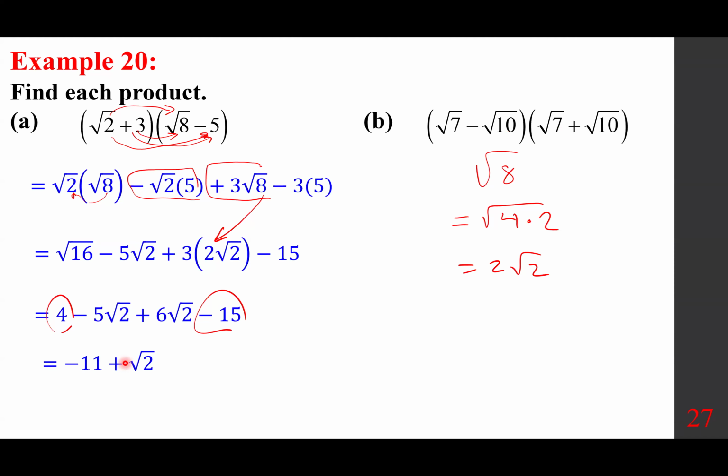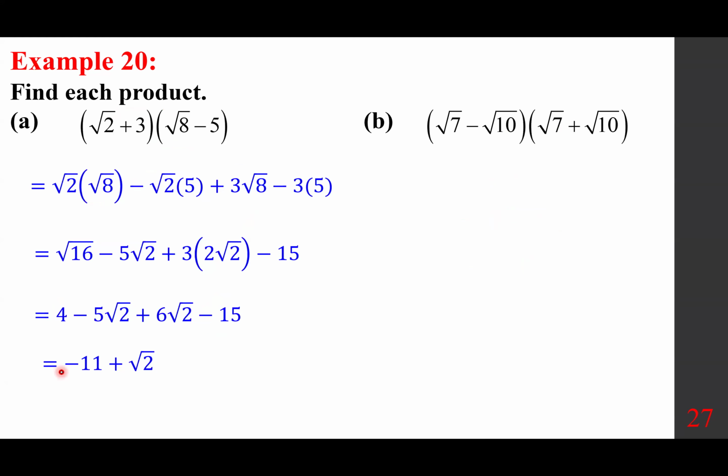All right, let me erase my book, everybody. Well, I can do the foiling. Or recall, a squared minus b squared is a minus b, a plus b.